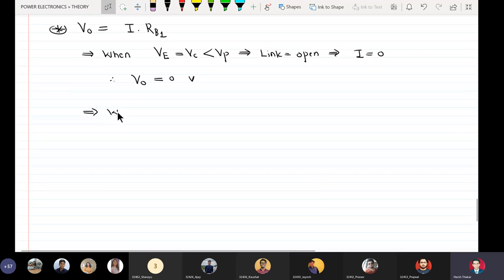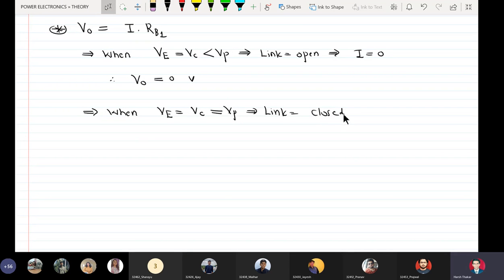On the other hand, when the emitter voltage is equal to the capacitor voltage, which is equal to the peak voltage, the link is closed, the capacitor discharges, and the entire discharge current is flowing through RB1.